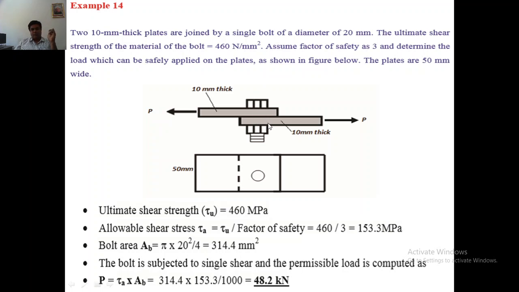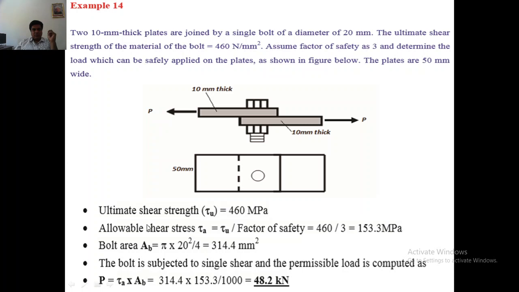Because of this shear force, there will be shear stress induced in this bolt, and the bolt has an ultimate shear strength of 460 megapascal. So the shear stress induced in the bolt should be less than 460 megapascal when you apply some load P here. You should find out how much load P you can apply so that the shear stress in the bolt is less than 460 megapascal.